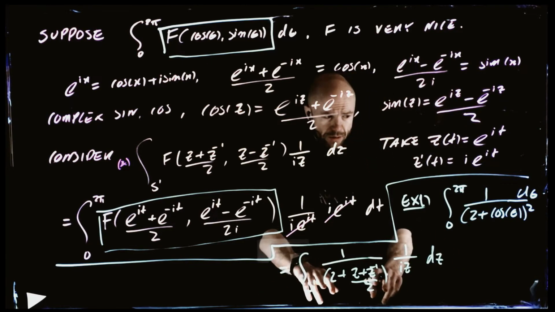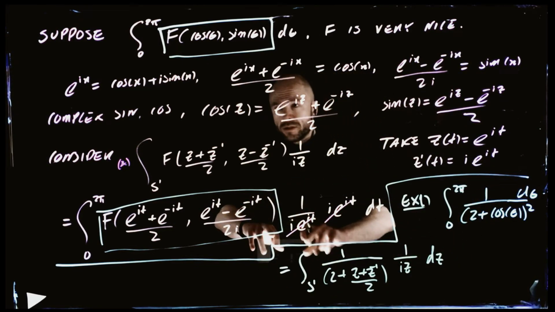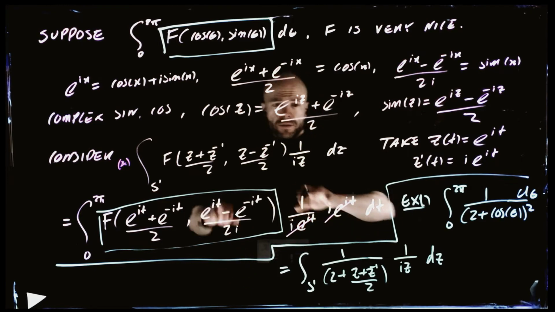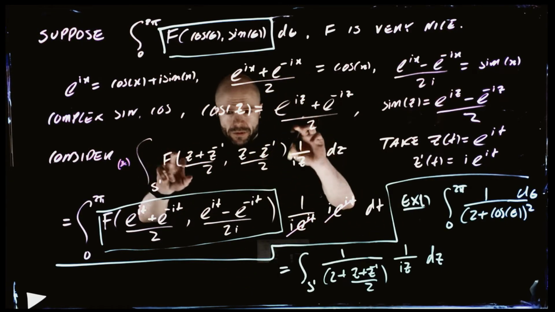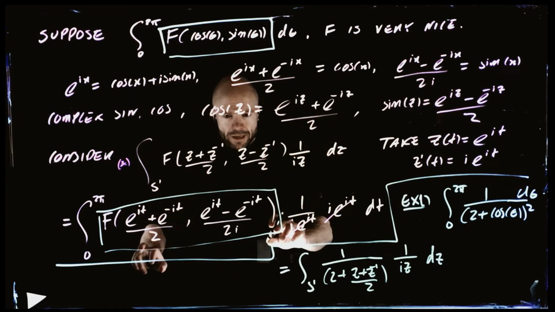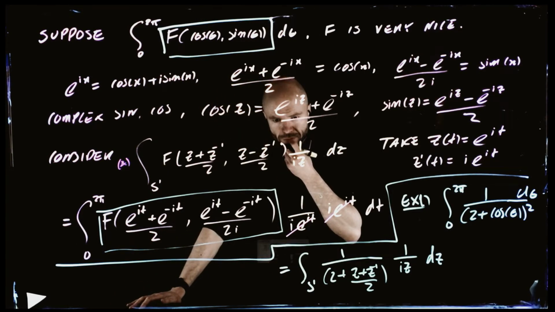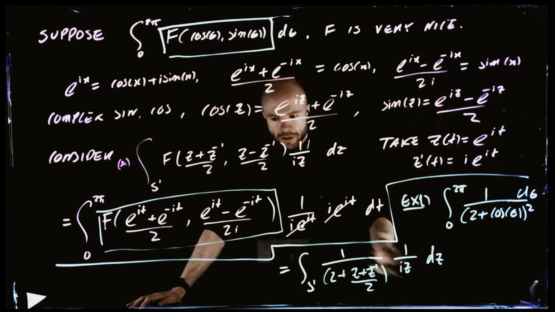So this is just the application of this stuff I've done here, that this integral turns into exactly the integral that we want. Are you happy with this? Give me a thumbs up if you see why this turns into this via this.